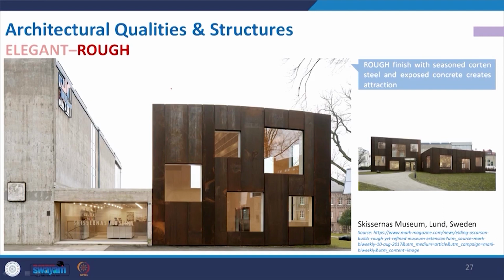So, this is one example of Skissernas Museum in Sweden, where this extension is made. If you have a close look, it looks like rusted steel, but it is not. It is created with Corten-like steel, which is weathering steel, seasoned with some chemical, which will protect it from the external environment.